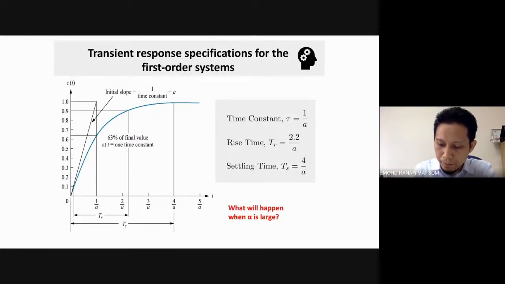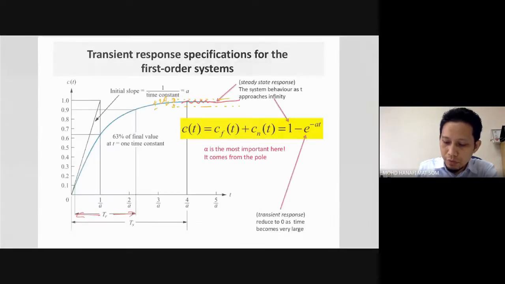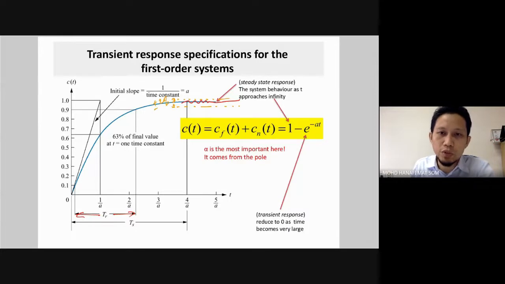Okay, next slide. We have here the time constant tau equals 1 over a. Tau equals 1 over a. So when you see in the previous slide, let's say we have the expression of output c(t) equals 1 minus exponential negative at.